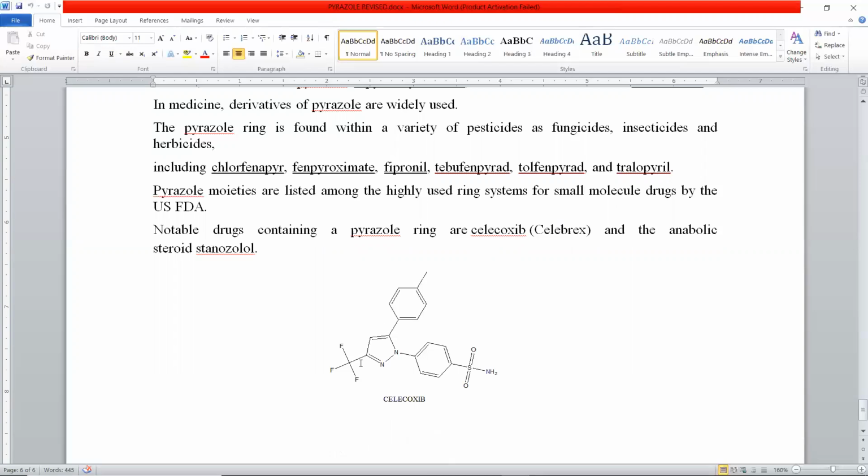Thus this pyrazole ring plays an important role in the synthesis of many drugs and agriculturally used compounds such as fungicides, insecticides, and herbicides. This is about the pyrazole, physical properties, synthesis, and reactions and importance of pyrazole ring system.